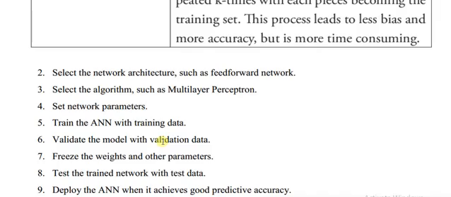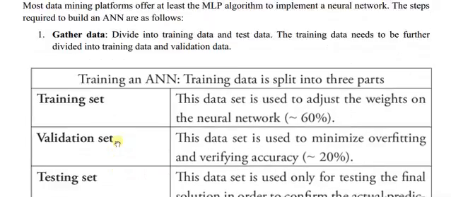Then we test the trained network with the testing data, and once we are getting appropriate, accurate predictive values, then we deploy the neural network, when it is giving good predictive accuracy. So these are the few steps which we follow when we build artificial neural networks.